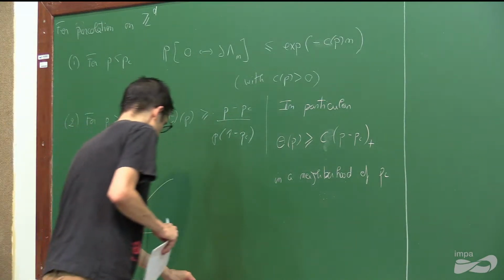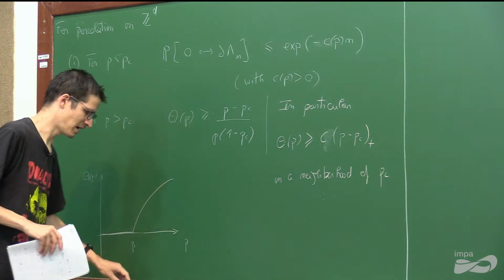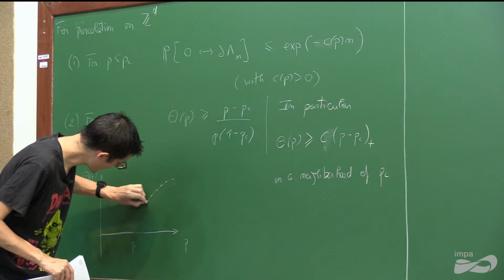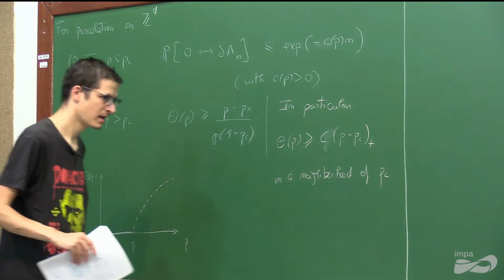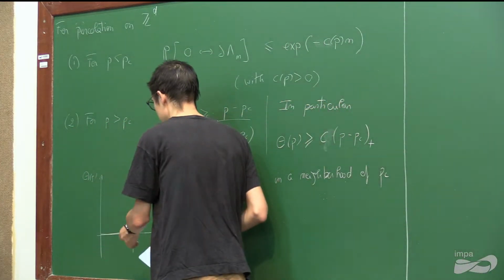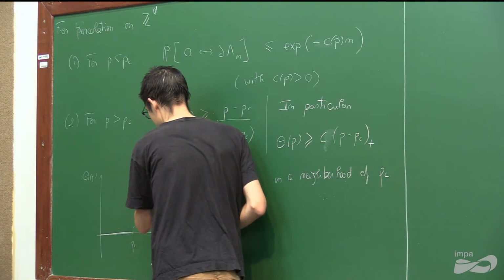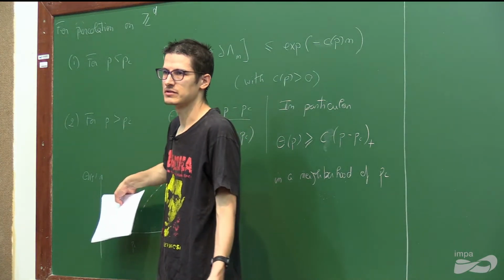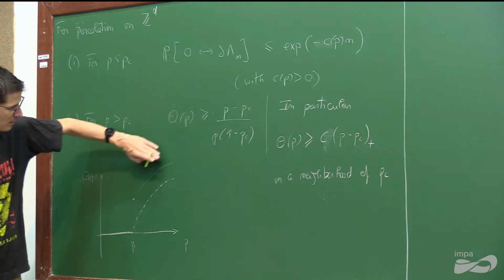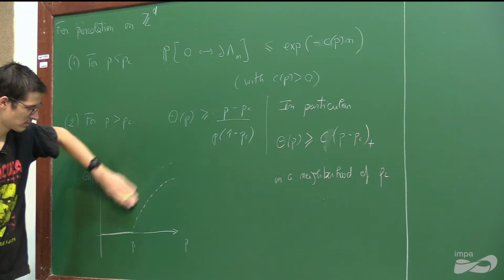This is p, this is theta(p), and this is the kind of lower bound you have. But in general, it's not possible to prove that theta is not discontinuous. So in particular, nobody believes this, but you could have the green curve.